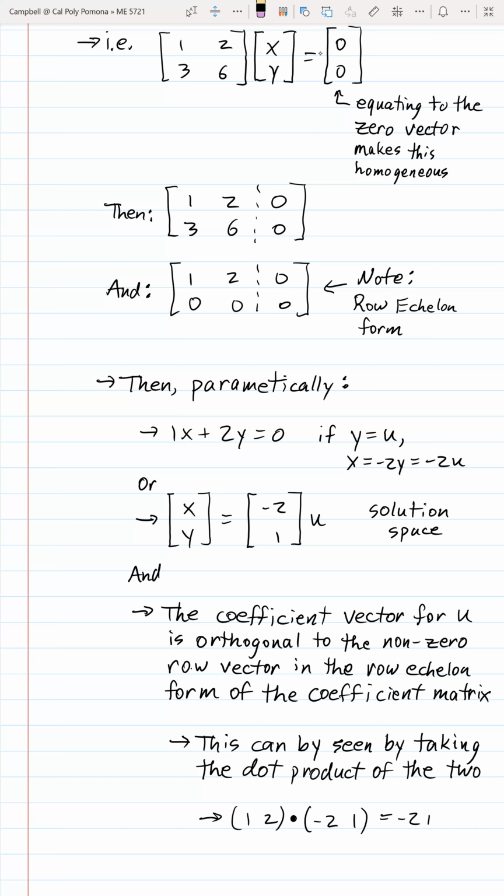And remember, we have to add those two together, and that's equal to 0. Therefore, they are orthogonal in that two-dimensional space.